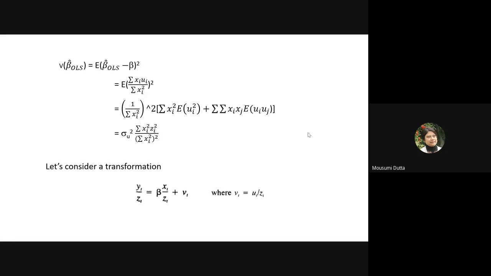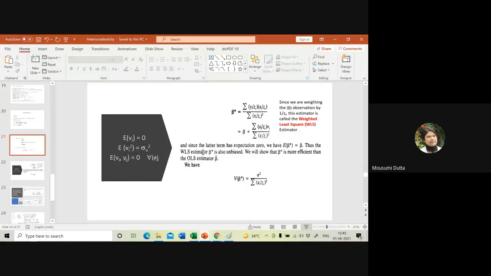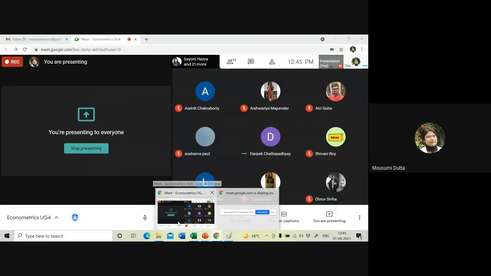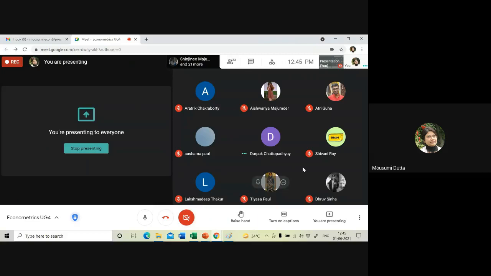In that case too, WLS will not be a desirable technique.